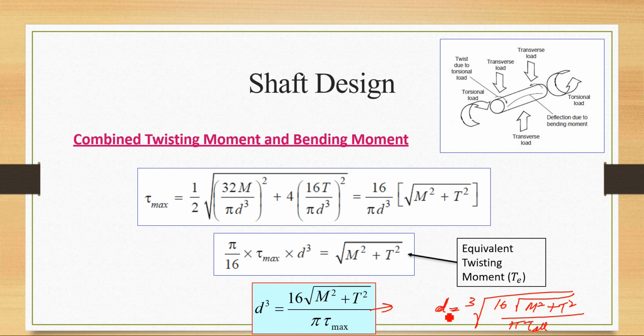This relation contains both torsional as well as bending loads. If I put the bending moment equal to zero, we end up with 16T over pi tau allowable, which is the same relation as for the solid shaft without any bending load.